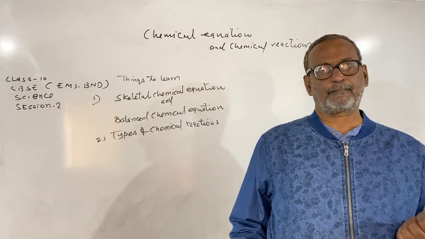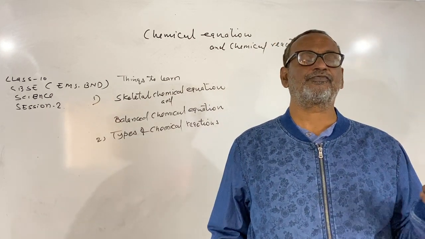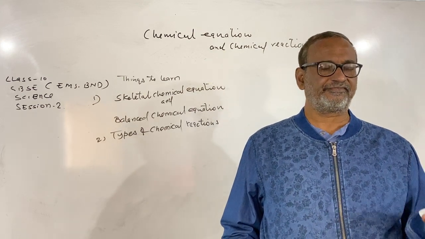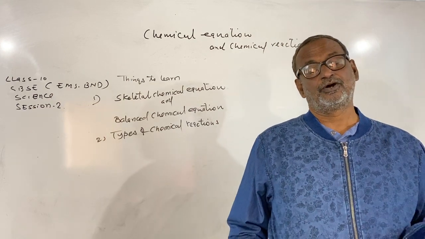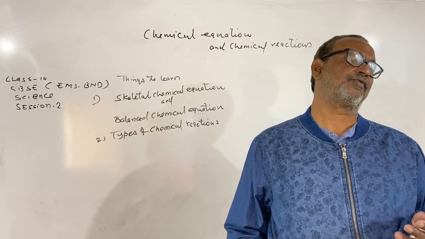So in a chemical equation, the number of atoms of various elements on the left hand side, that is the reactant side, and on the right hand side, that is the product side, should be equal.